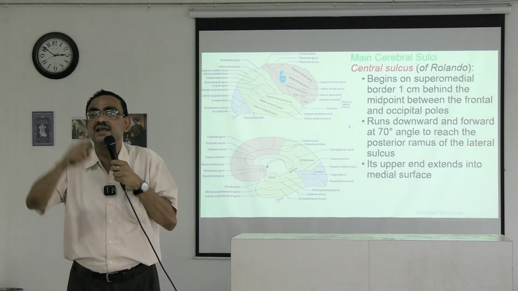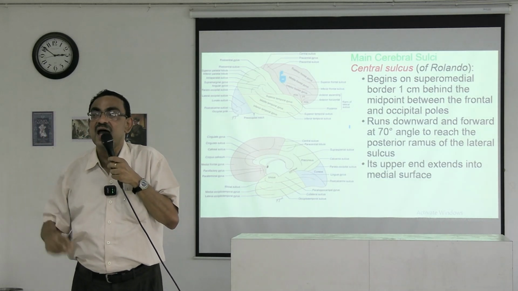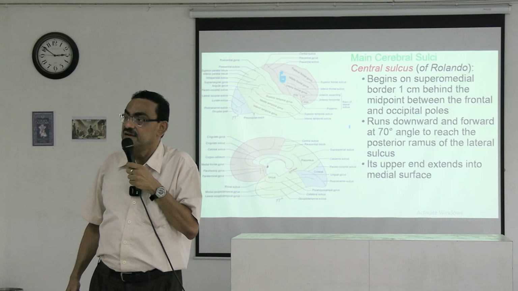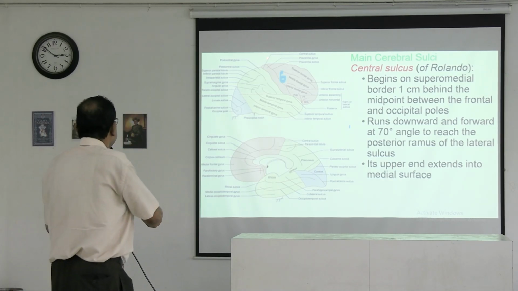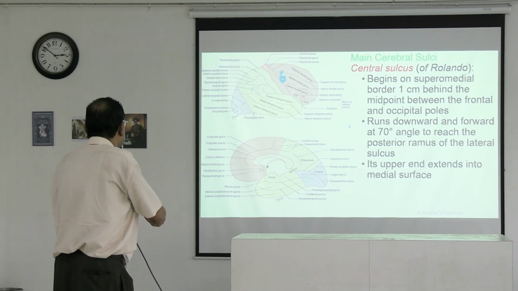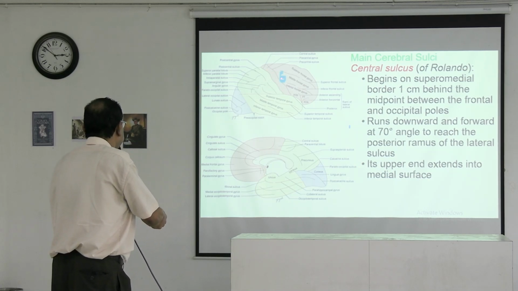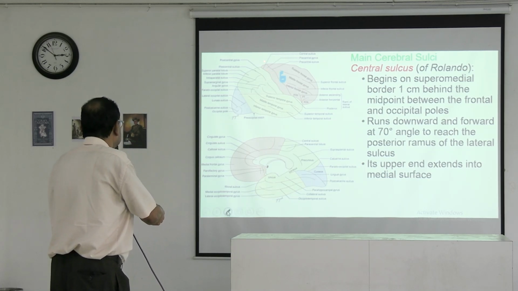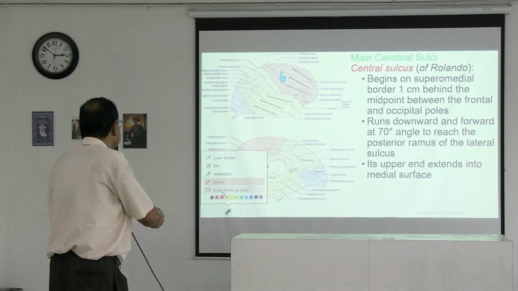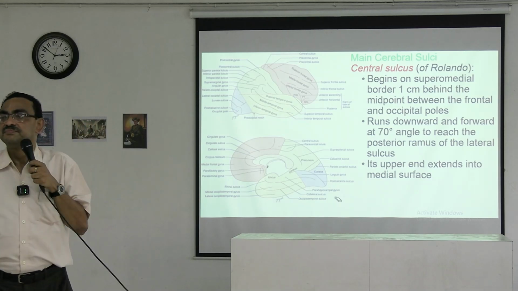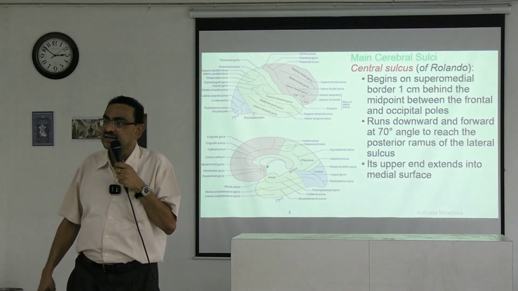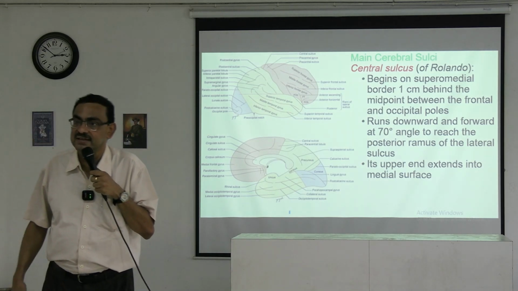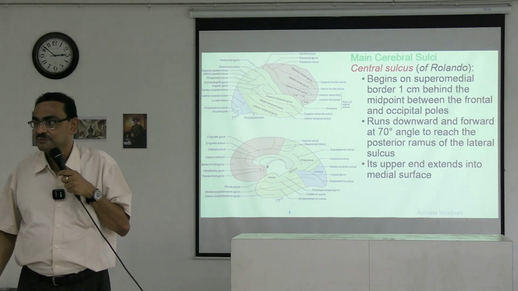So, primary motor area, secondary motor area, and there are motor association areas. So, remember this is motor area 4 and in front is the premotor area, which is area 6, which integrates the movement. And again, that integration is also done by the cerebellum. You will gradually know.